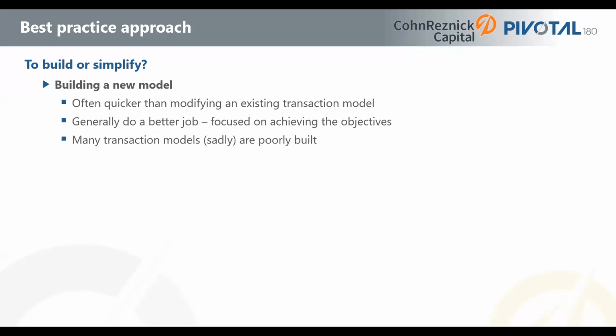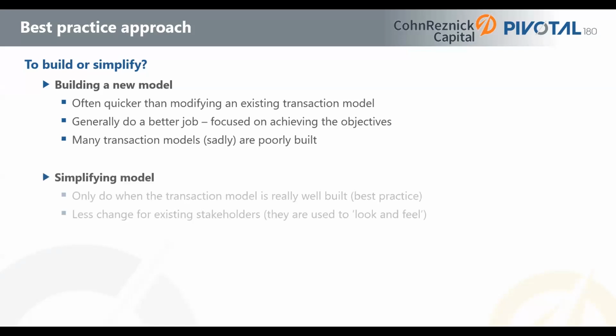You can get that with modifying an existing model too, but I'd say generally it's this mindset of, hey, I'm getting someone else to build this model, or we're committing this time. Let's do it right. Clearly, if you're using a great model from someone like Manesh, with a great Cohn Reznick model, it's going to be easier to modify than a less well-built model.